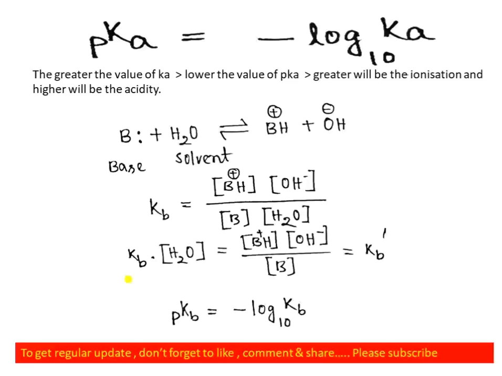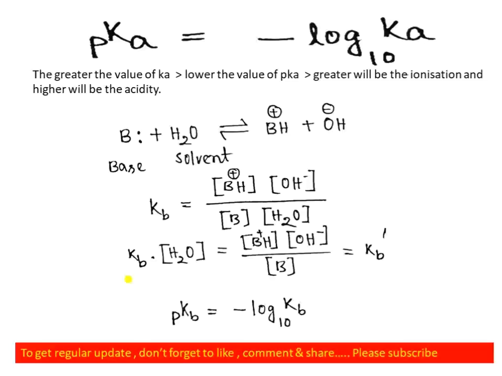Now, measuring the strength of a base. Again, in that case, we take base B in solvent H2O, where it gets dissociated, forming BH+ cation and OH- ion. Here, BH+ is the conjugate acid of base B and OH- is the conjugate base of solvent H2O.